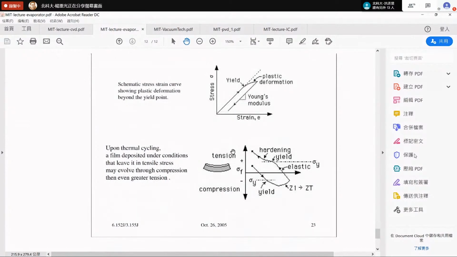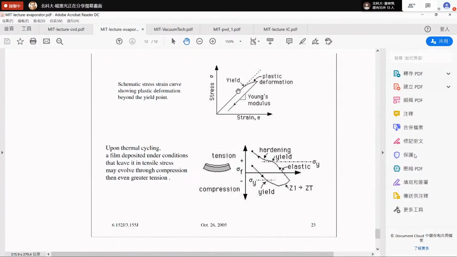And this is how the stress and strain work, and from here you get the yield. So when you apply a small stress, you get strain, and then going back, it won't come back.